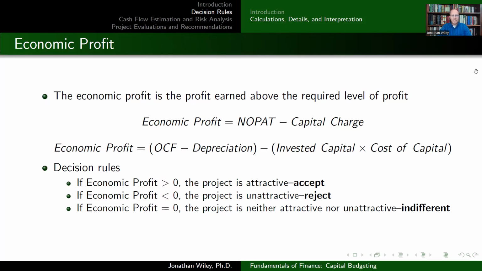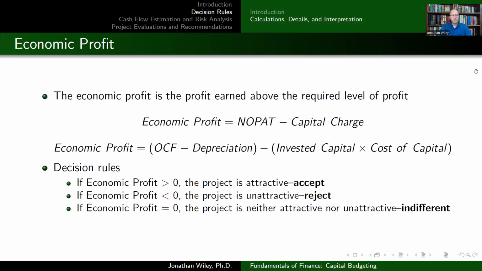And to add a little bit more detail to that, to find the net operating profit after tax, you can also look at the operating cash flow. By the time you get to operating cash flow, you have already factored in taxes and things like that. But then subtract off depreciation. And then you would take that and subtract from it that capital charge, so what's required.